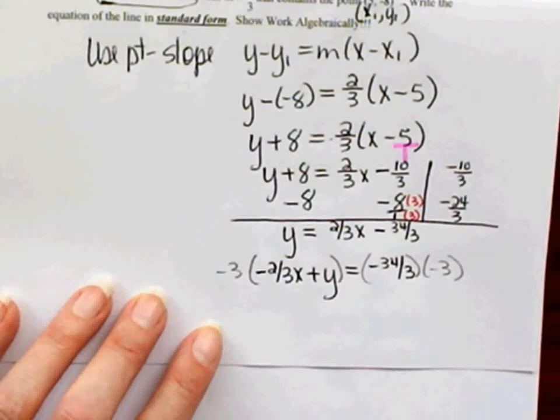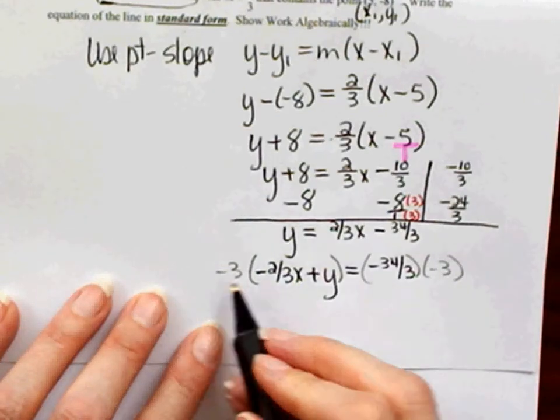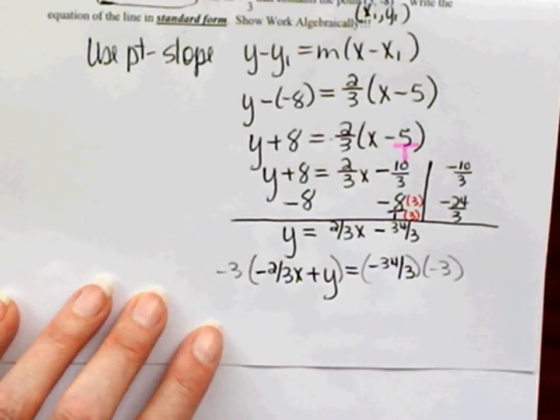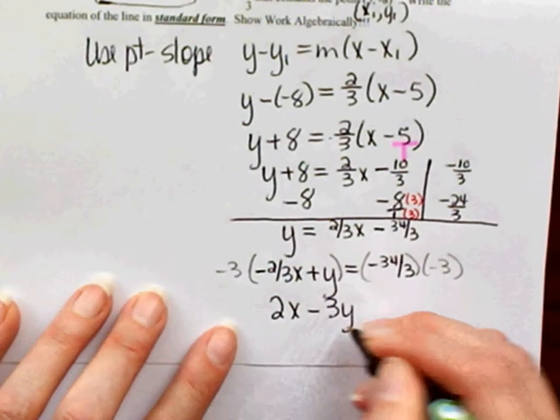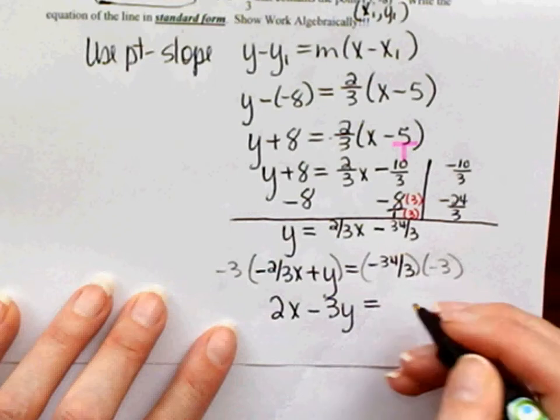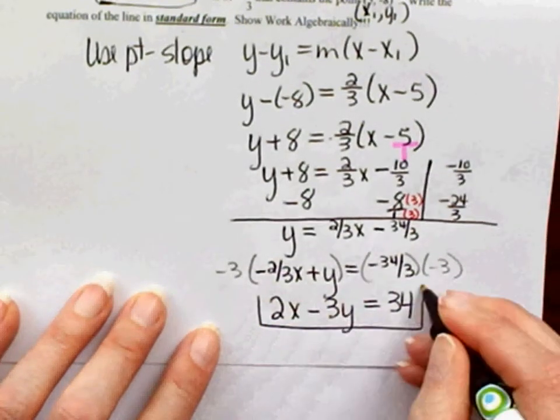Alright, so why are we using a negative rather than a positive? Once again, I want that x to be positive. So a negative times a negative is going to give me a positive value. So that's 2x minus 3y equaling a positive 34. And this would be standard form.